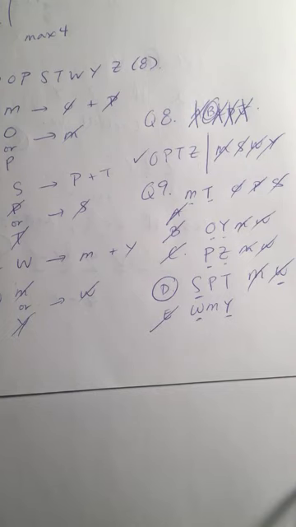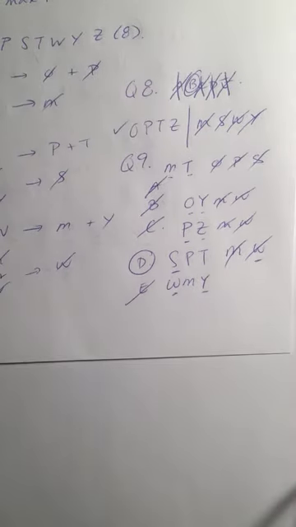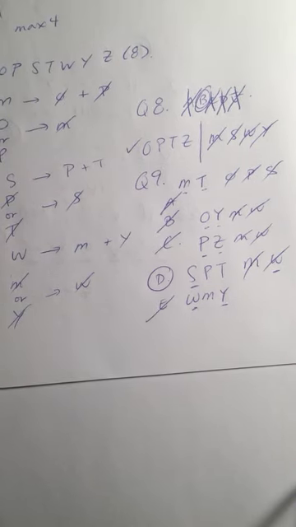If we can have neither of them on the team, then we don't have to have at least one. All right, so O and W, can we put both of them out? Putting O and W out doesn't trigger anything, so that doesn't seem like too much of a problem.